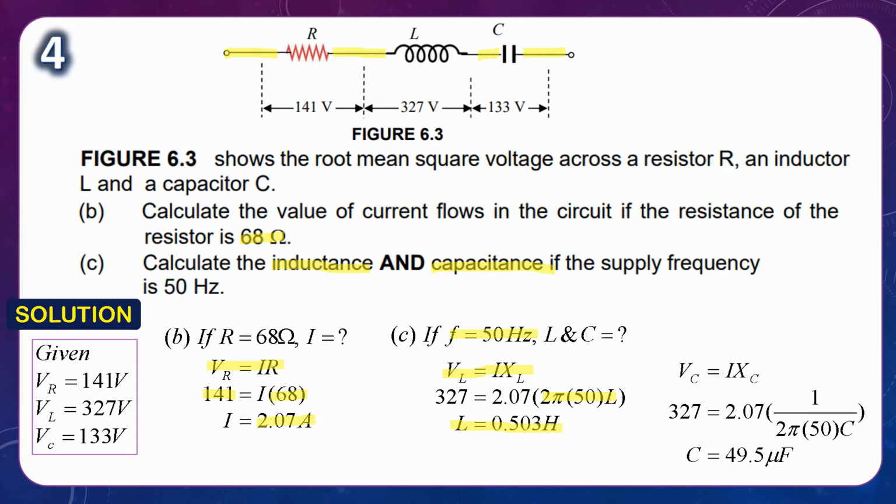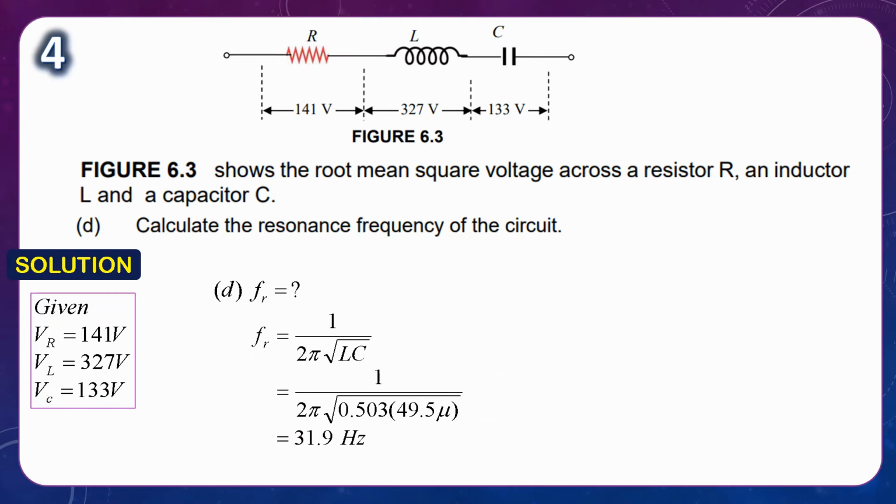To calculate the capacitance, we use VC equals I XC, where XC is equal to 1 over omega C. We substitute the values and get the capacitance equal to 49.5 microfarad.